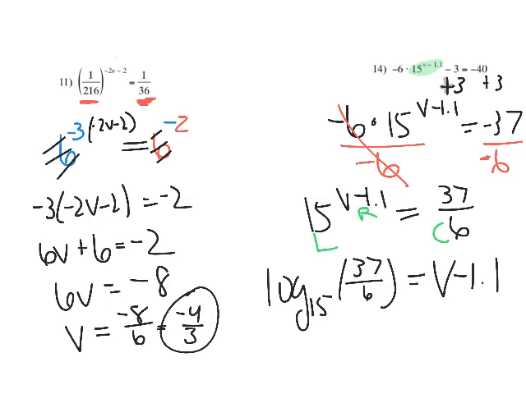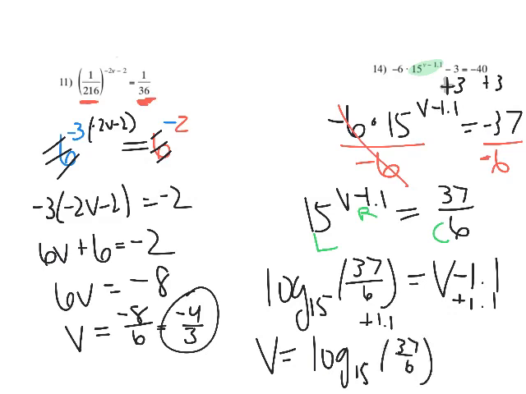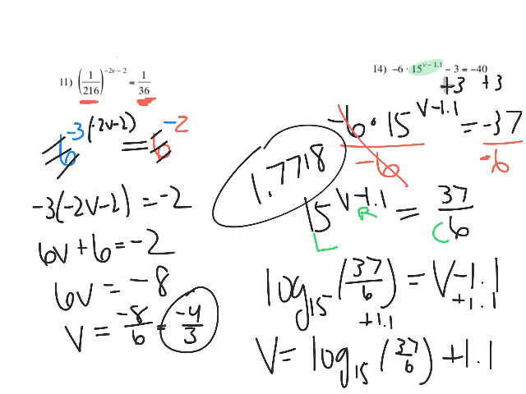You do need to add 1.1 to both sides. So v is going to equal log base 15 of this fraction. Please close your parentheses after that fraction, then add 1.1. When you do that, you go straight to your calculator and you get 1.7718.